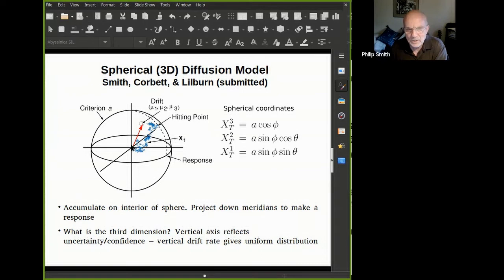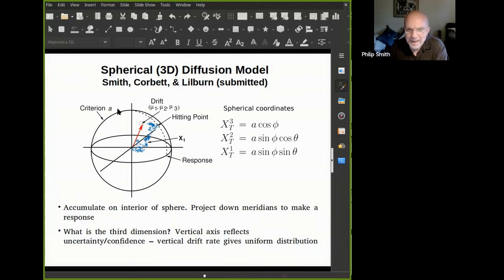The basic idea is that you accumulate evidence until the process hits a point somewhere on the bounding sphere, and then you project down meridians of equal azimuth to find the point on the response circle that corresponds to the response, and that's the response that you give.